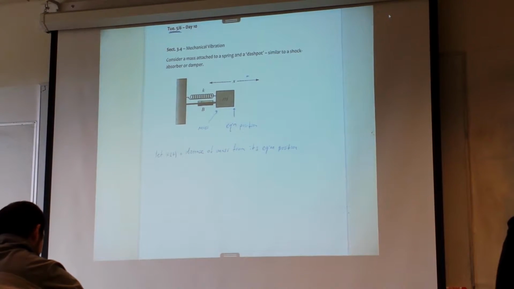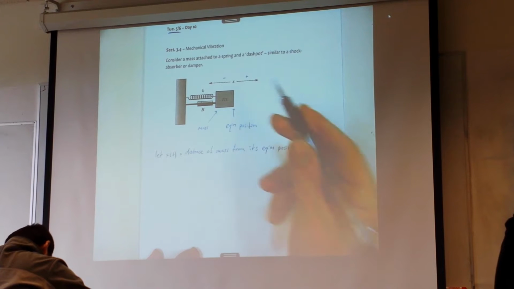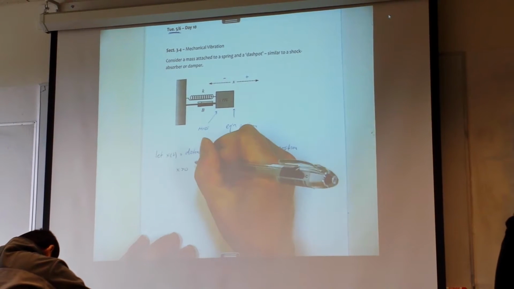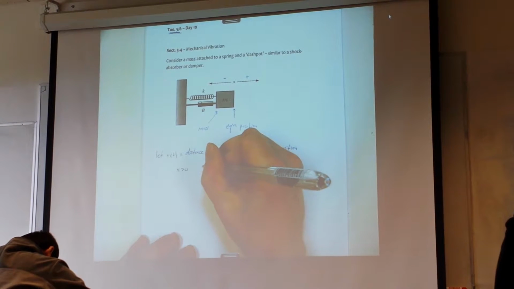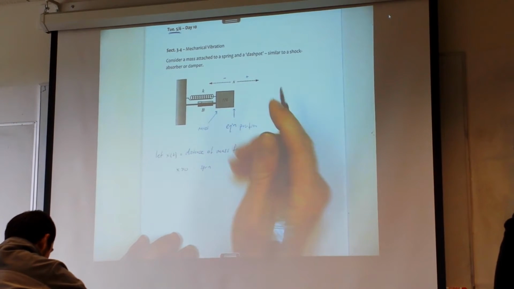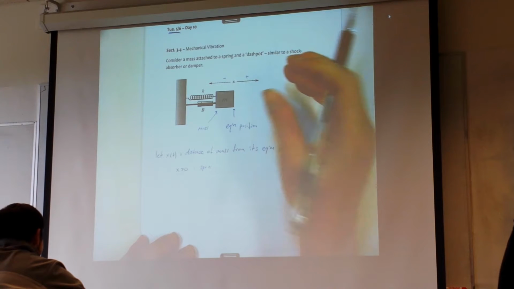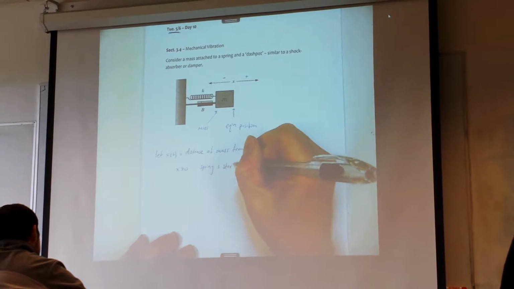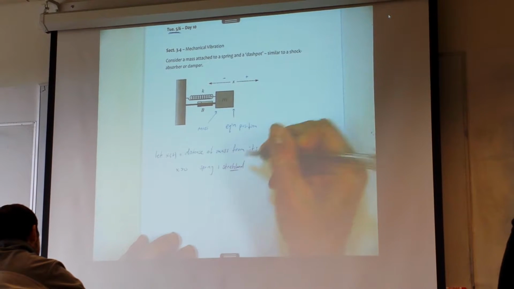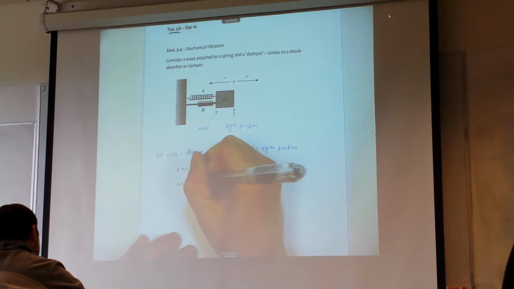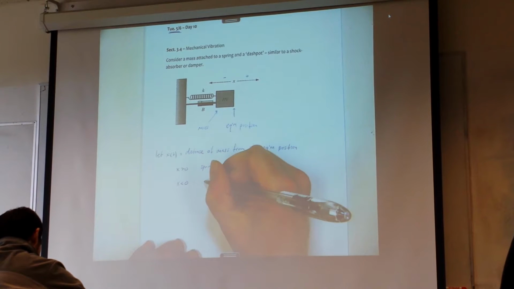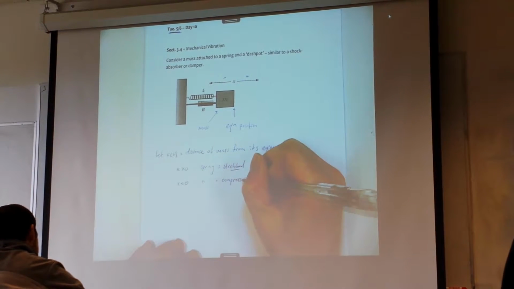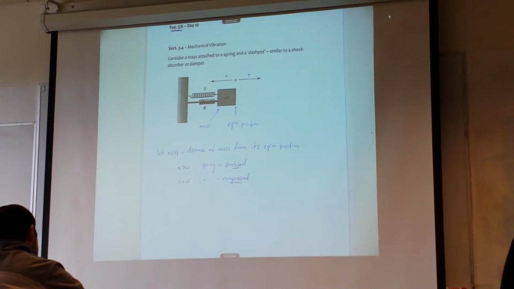Negative is when it's compressed, and x is positive if the spring is stretched out of its equilibrium position. We take x less than 0 for when the spring is compressed.